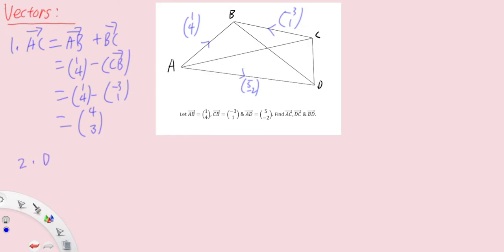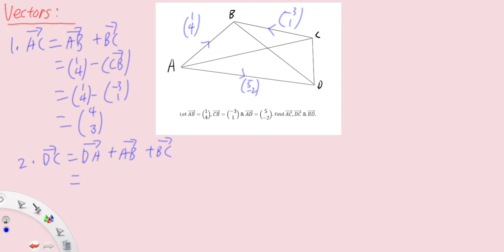Next vector, vector DC. You can think of it as going from D to A to B, and then B to C. Always remember the connecting points are the same. If you have a parallel line, which I'll be talking about in the next video, then you can substitute them.